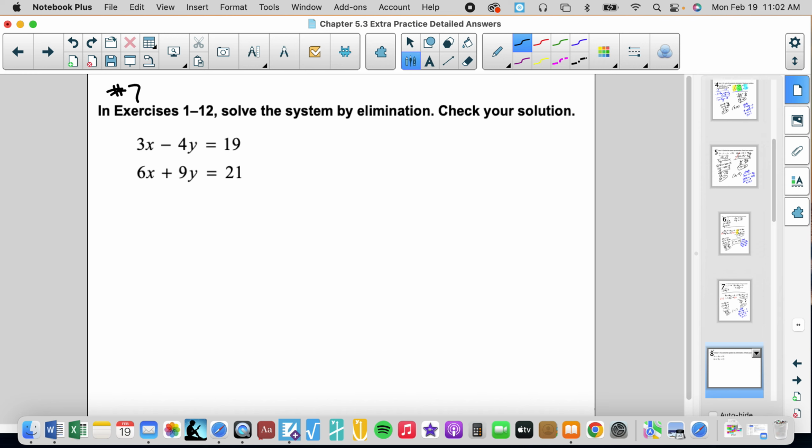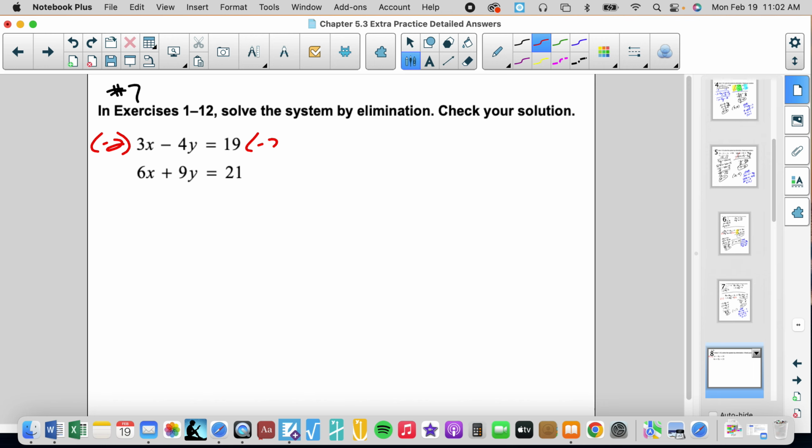If we choose the x's, what would get rid of a 6x would be a -6x. So what do I multiply 3x by in order to get -6x? Well, I'd have to multiply that top equation by a -2.